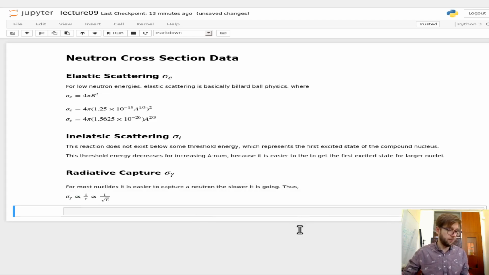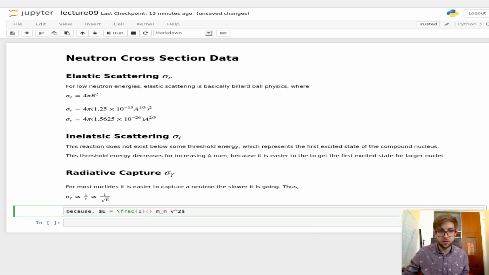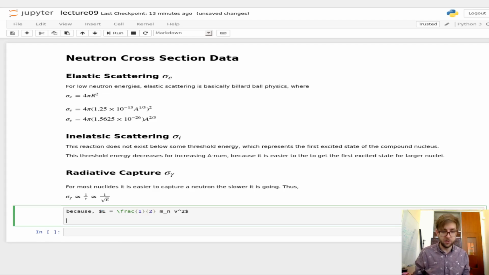And this is obviously because we're dealing with kinetic energy, E equals 1/2 m v squared, where m is the mass of the neutron in particular, which implies that v is equal to the square root of 2 over the mass of the neutron times the energy.